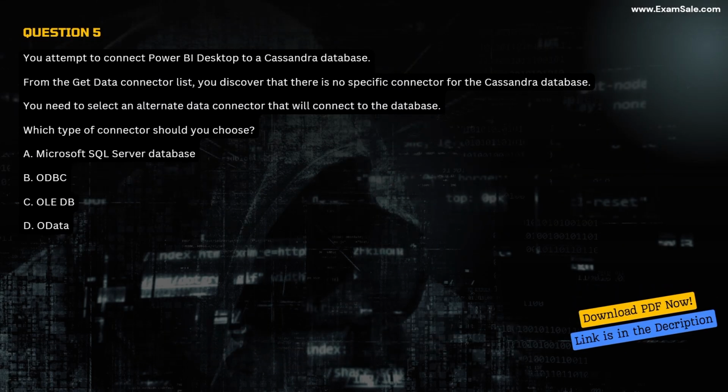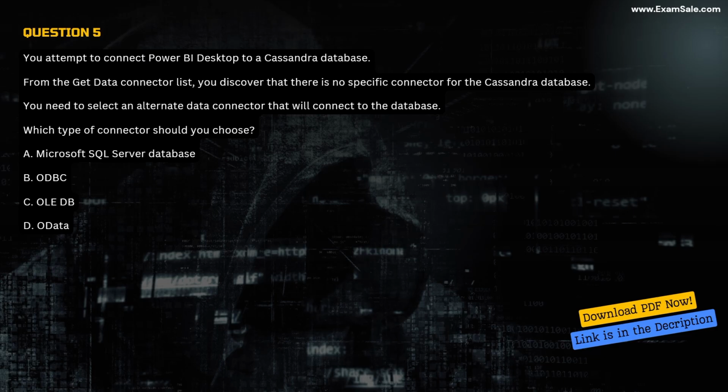Question 5. You attempt to connect Power BI Desktop to a Cassandra database. From the Get Data Connector list, you discover that there is no specific connector for the Cassandra database. You need to select an alternate data connector that will connect to the database. Which type of connector should you choose? A. Microsoft SQL Server Database.